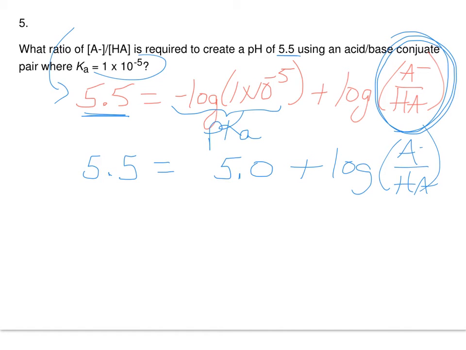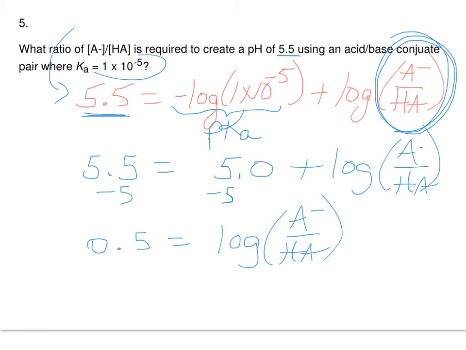All right, so now we can definitely subtract 5 from both sides of the equation. And so that gives us 0.5 equals log of our ratio. And to get rid of the logs, it's 10 raised to the power. The 10 and the log negate each other.